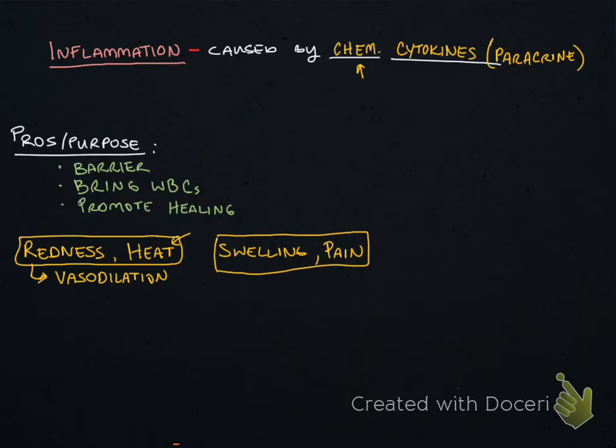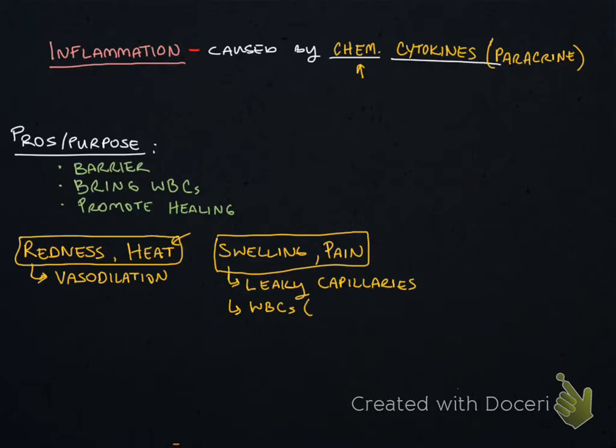Now, swelling and pain is due to a number of things. The first is we end up with leaky capillaries. So our capillaries become more leaky to the fluid in our blood. And white blood cells can move out of the blood now into the surrounding tissue.